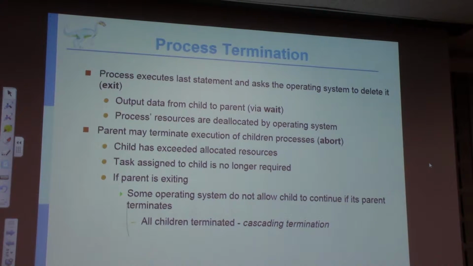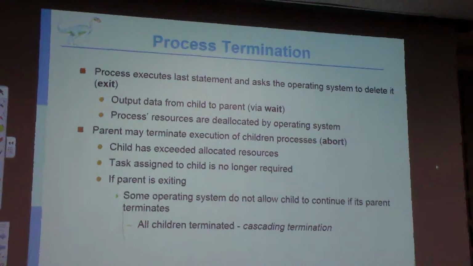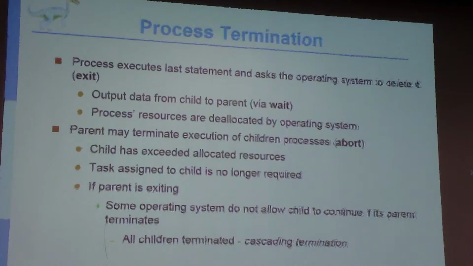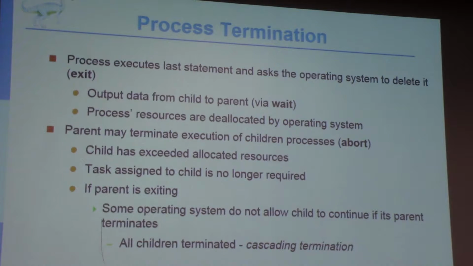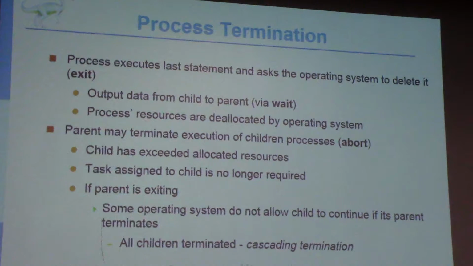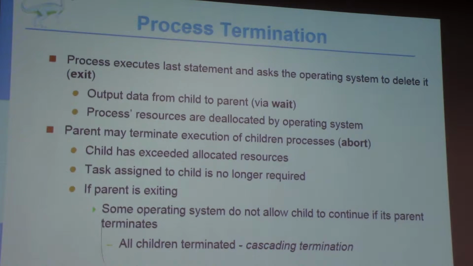That can be, for example, under Unix environment, a kill signal. Okay. Then what happens when a process is either waiting, terminated or aborted? That means all occupied resources will be returned to the operating system. Then they can be used for other processes.